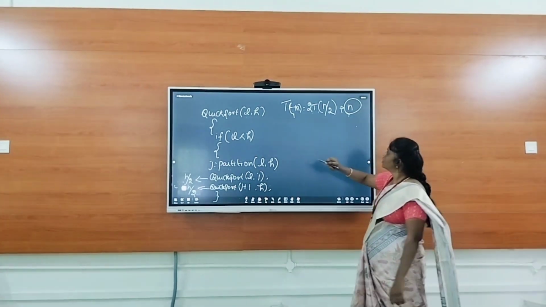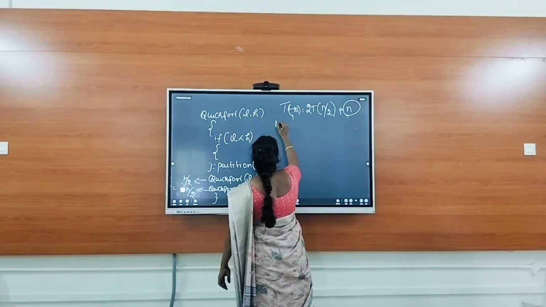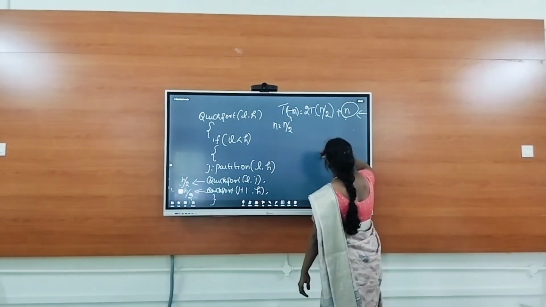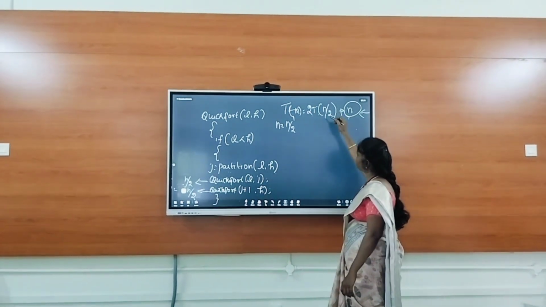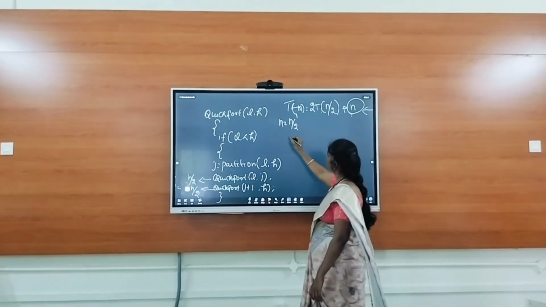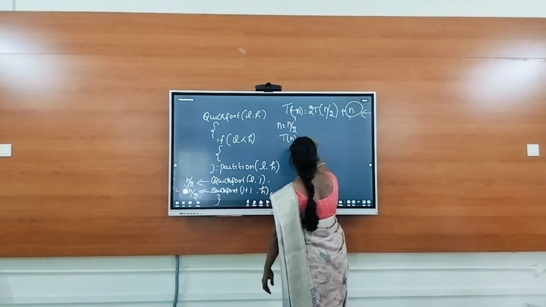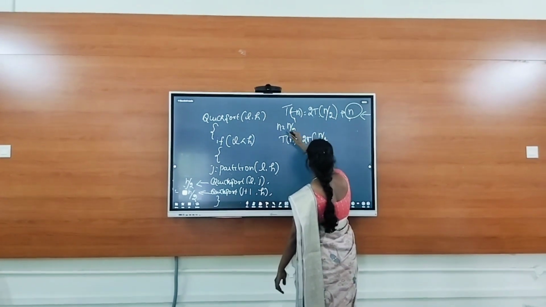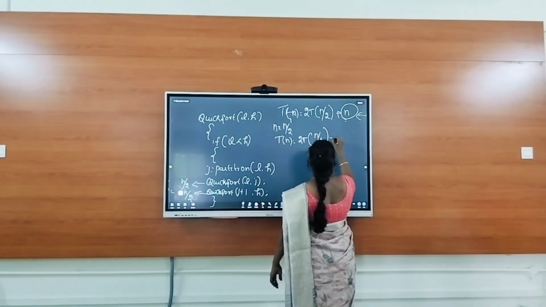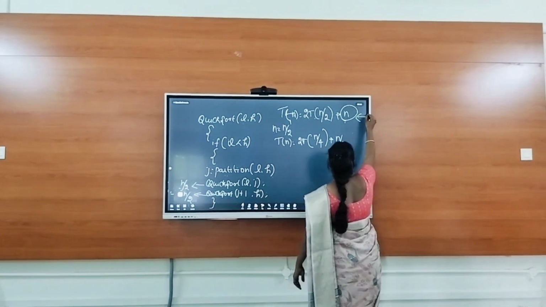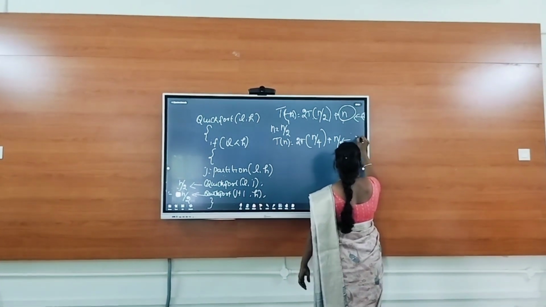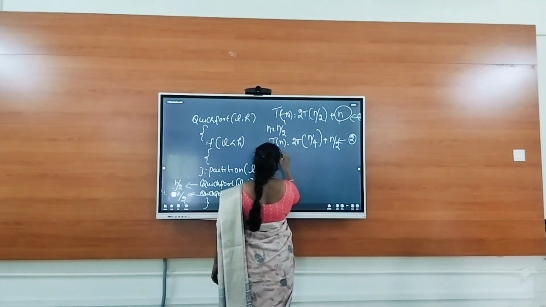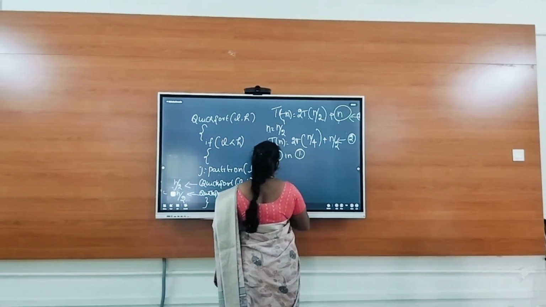That is n. Now we take n is equal to n by 2. Again the list of n numbers is divided into n by 2, so T of n by 2 is equal to 2T of n by 4 plus n by 2. This is equation number 1 and that is equation number 2. We substitute 2 in 1.